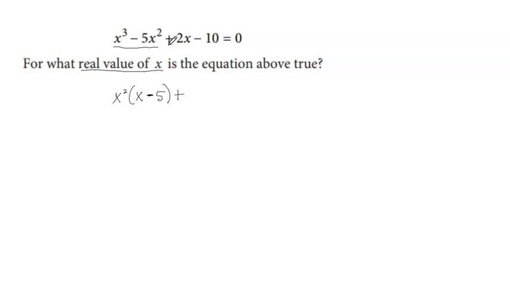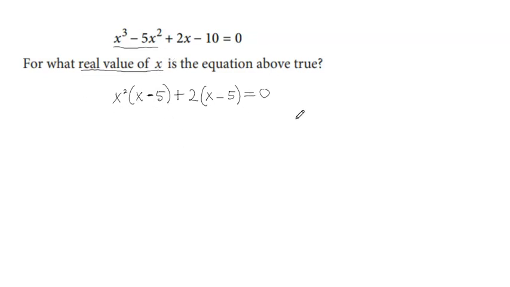Plus, that's this plus here, and then between the two remaining terms, the number 2 is the common factor. Multiply by x minus, and then 2 times 5 will give us our 10 back. This is equal to 0, right?